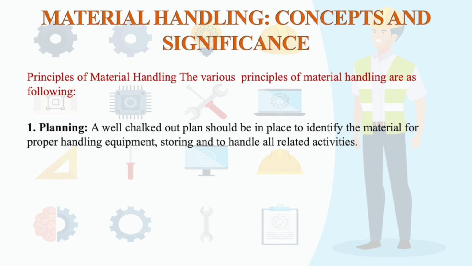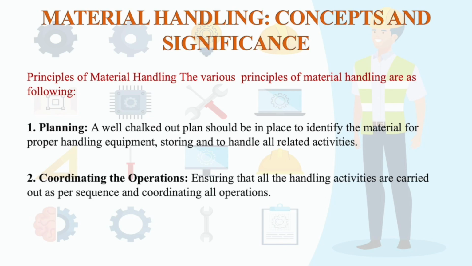A well chalked out plan should be in place to identify the materials for proper handling, equipment, storing, and to handle all related activities. Then coordinating the operations, ensuring that all the handling activities are carried out as per sequence, and coordinating all operations.